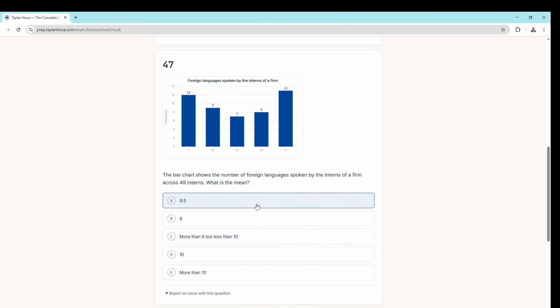What is the mean? All right, 49 interns. As you can see, this is the frequency: 12 people 7, 9 people 8, 7 people 9, 8 people 10, 13 people 11, correct?